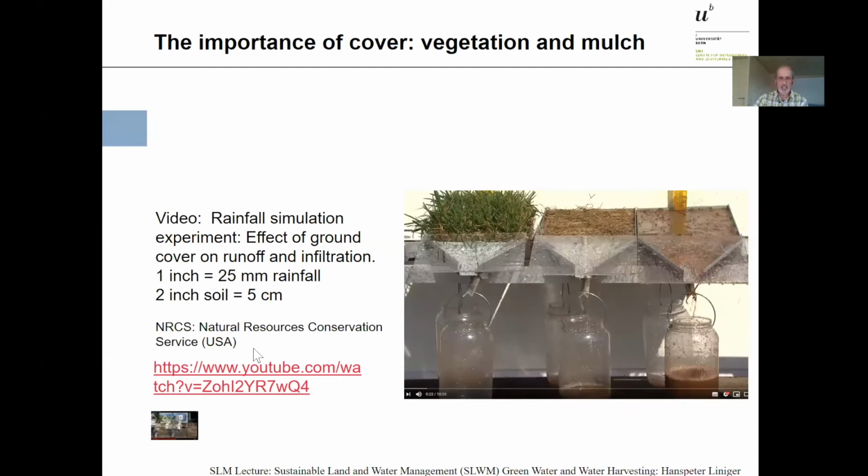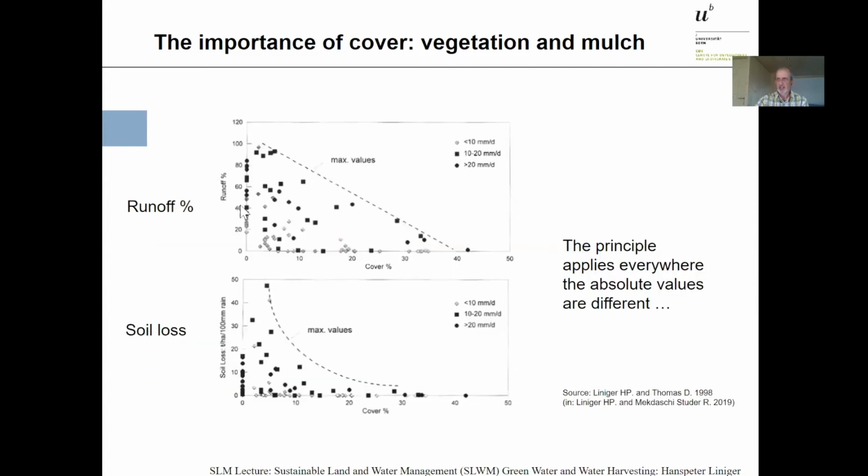Okay, this is a very nice experiment that shows the crucial process of splitting up rainfall into runoff or infiltration. You have the link here, you can have a look at it yourself. Now let's look at this one here. Cover is so important, as also pointed out, from 0 to 50% cover.